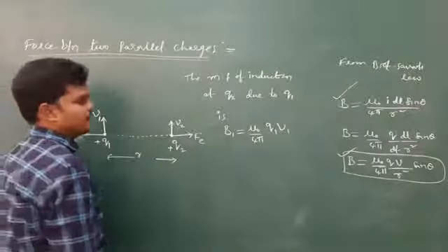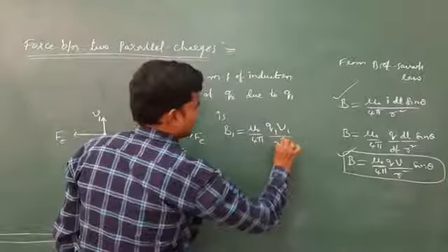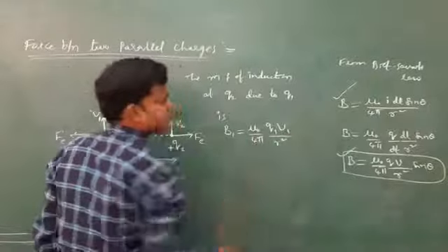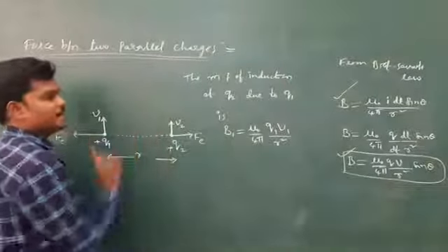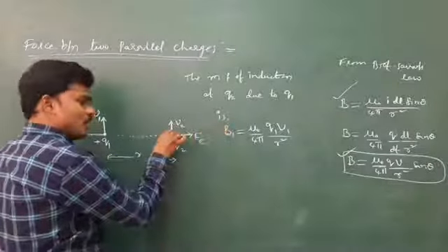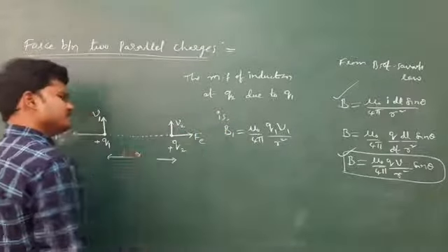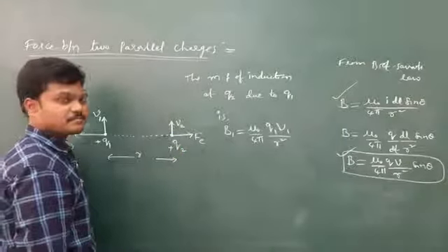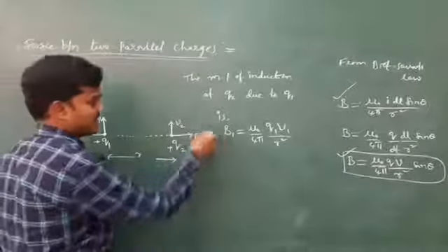Okay, Q1 V1 by r square, and sine theta is 90 anyhow here. So sine 90 no need to write. Okay, this is the B1. So I got this field at this point. So indirectly this charge experiences a magnetic force because of this magnetic field.